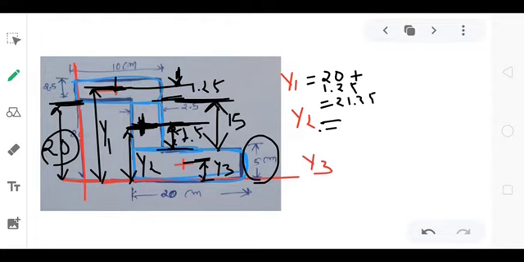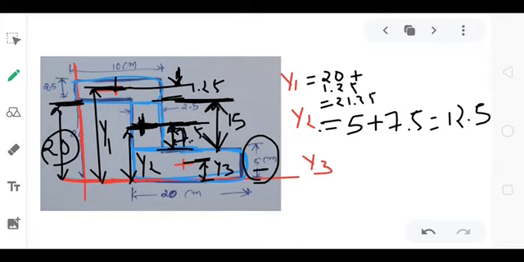So y2 will be 5 plus 7.5, which is equal to 12.5. Right, the total height is 15, the center is at 7.5, and adding the 5 cm height of the base below gives 12.5.